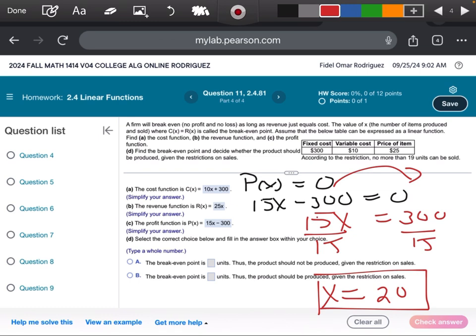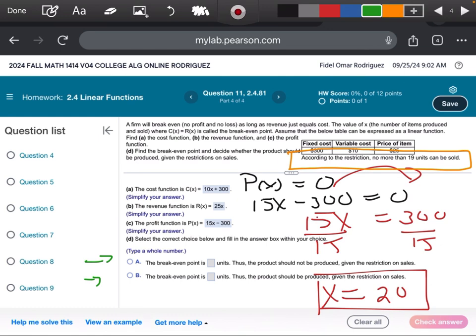So now what we're going to figure out is, should we make it or should we not make it? Right here, they told us there's some kind of restriction, and we cannot sell more than 19. The break-even point is 20. So I'm going to look at the two choices that I have here, choice A and choice B. I know that the break-even point is 20, so I would put 20 in either one of those two boxes.